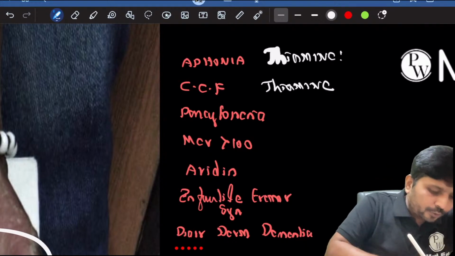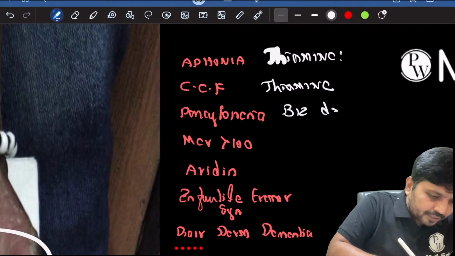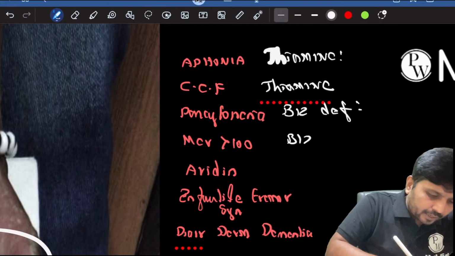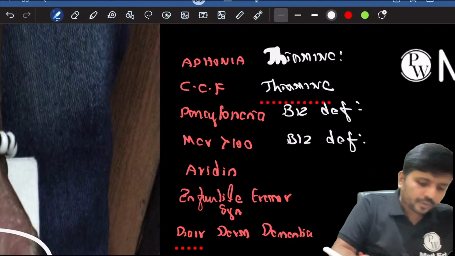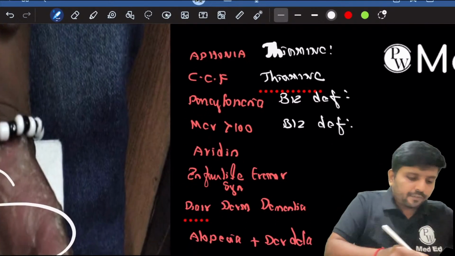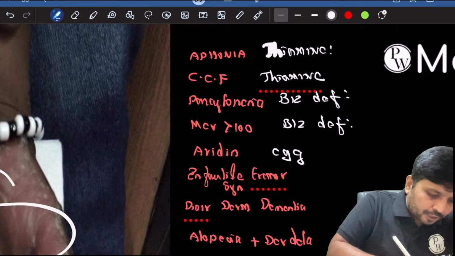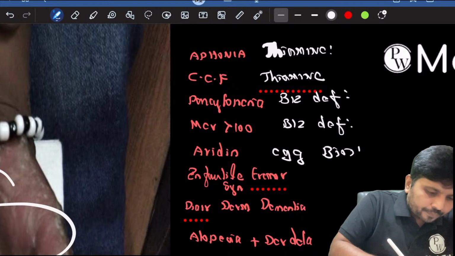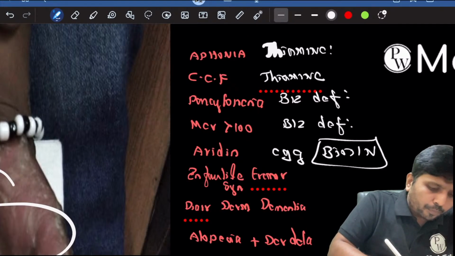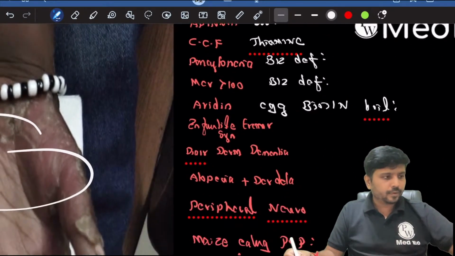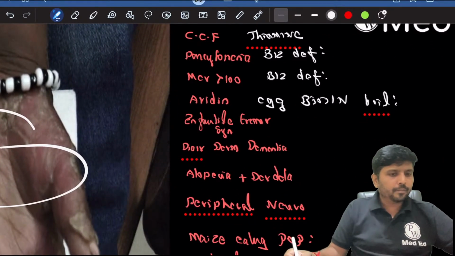Pancytopenia can be due to B12 deficiency. MCV more than 100, B12 deficiency. What is avidin? Avidin is present in the egg and it retards the absorption of biotin. So you need to boil the egg to get biotin.